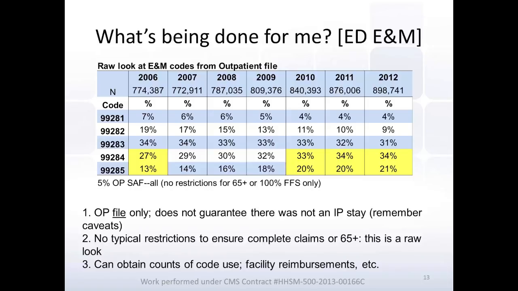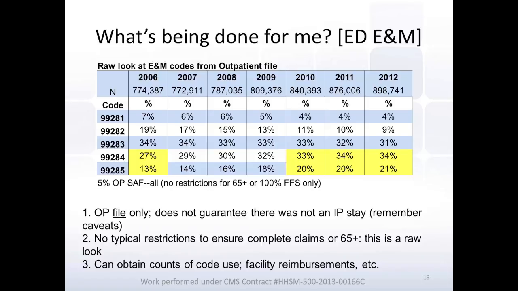In terms of what beneficiaries receive, we of course can start with emergency department related E&M codes. Those are evaluation and management codes. Remember that E&M codes are current procedural terminology, or CPT codes. Those are level 1 HCPCS codes, and so are of use mainly for outpatient claims.